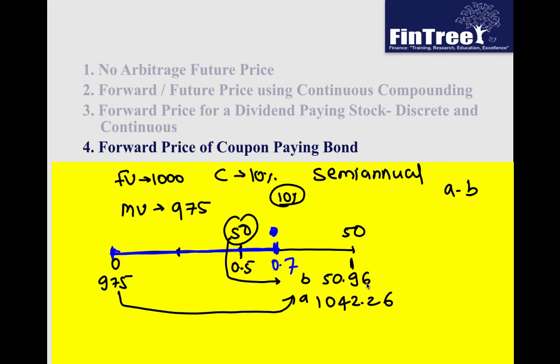Then we take A minus B: 1042.26 minus 50.96 gives us a no arbitrage forward price of 991.3. So the way we calculate the forward price of a coupon paying bond and the way we calculate the forward price of a dividend paying stock, the mechanism is exactly the same. It is essentially the same formula.